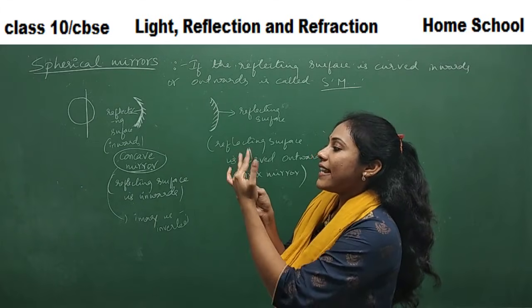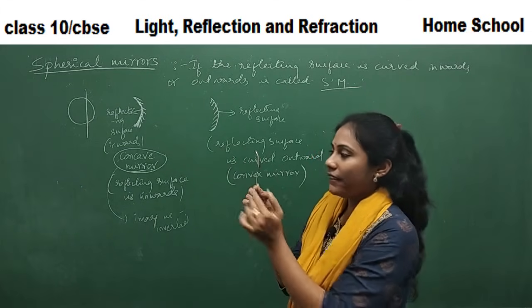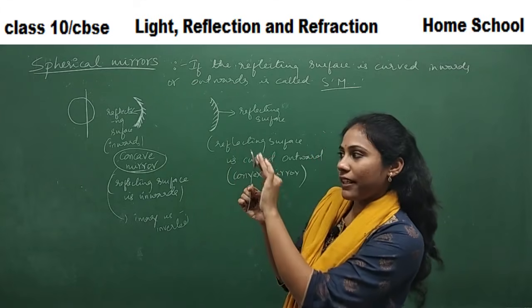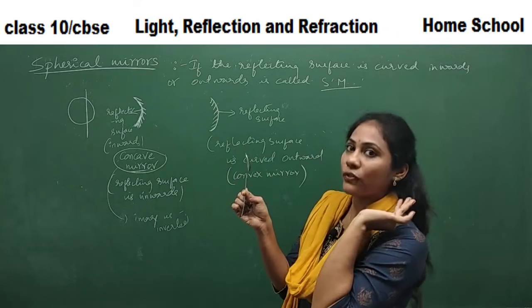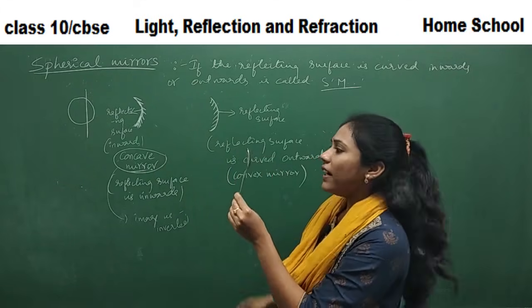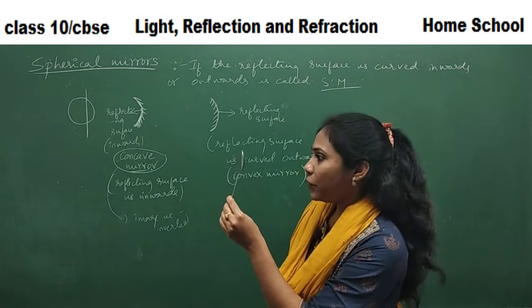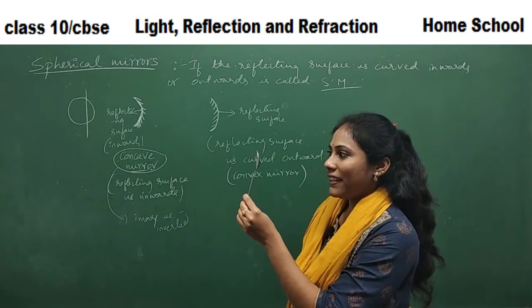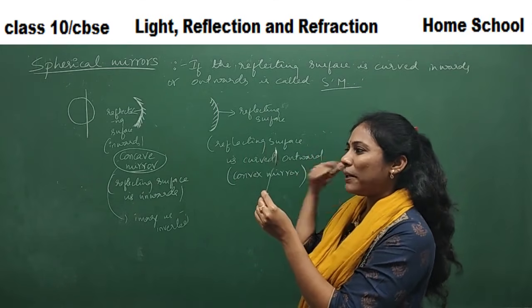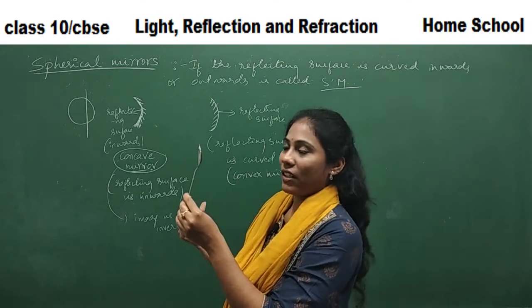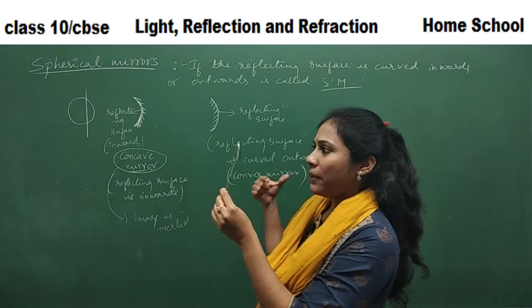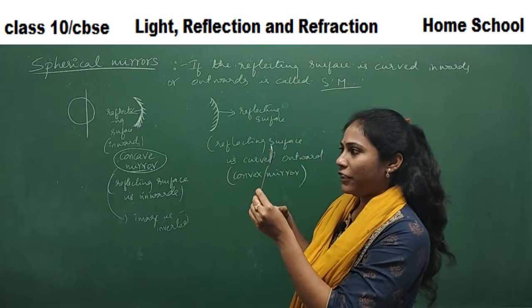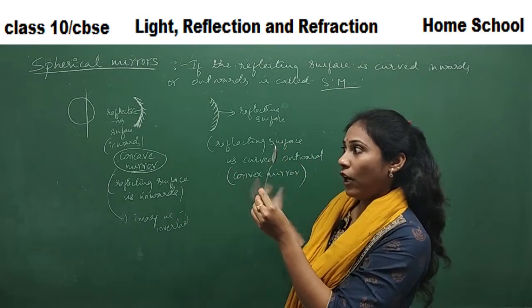Say this is like a convex mirror, right? In a convex mirror, the reflecting surface is curved outwards. If I look at myself on this side, I look very small, and a whole lot of area at the back can be covered. Say behind me I have a cupboard and a window, I can see all of them.